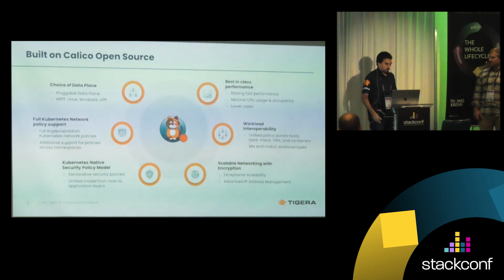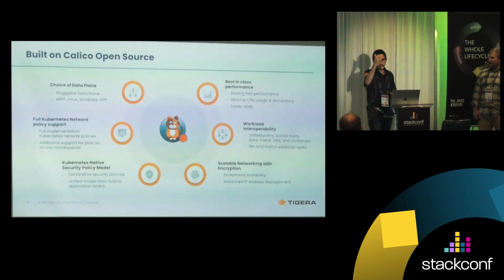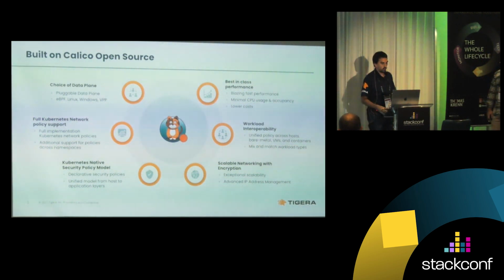Then there's the Kubernetes native security policy model. Calico policies work exactly the same way as Kubernetes policies. It's a YAML file with the same metadata, namespaces and rules, so it's very straightforward to use, and they can also work with native Kubernetes policies.